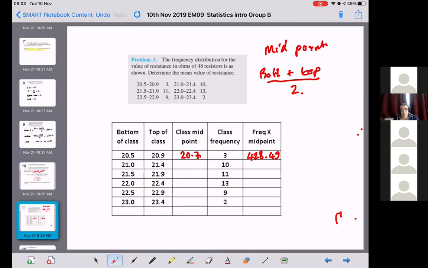Okay. So if you'd like to do the rest of those, and then we'll look at how we calculate the mean. What are you multiplying it by? We're multiplying this frequency value, f, by that midpoint value.